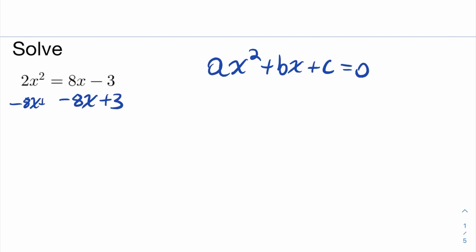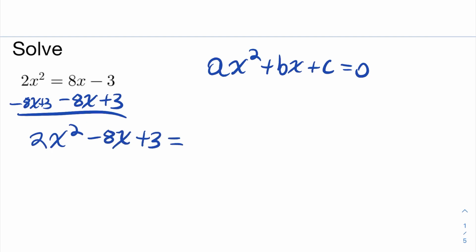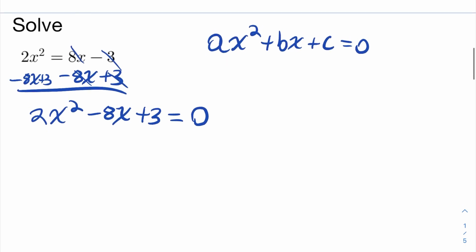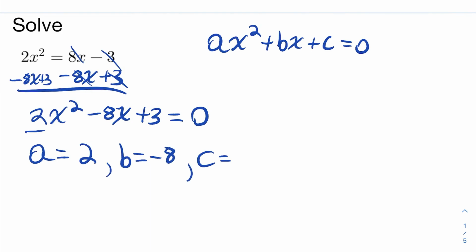So I get 2x squared minus 8x plus 3 is equal to 0. These cancel on this side. So I can identify a, b, and c. a is 2, b is negative 8, and c is 3.